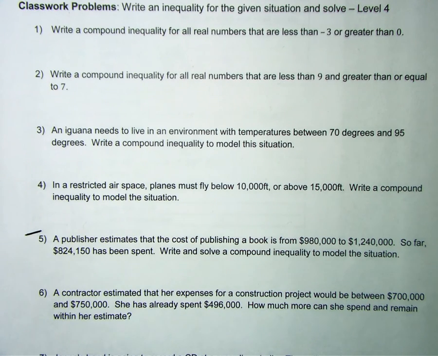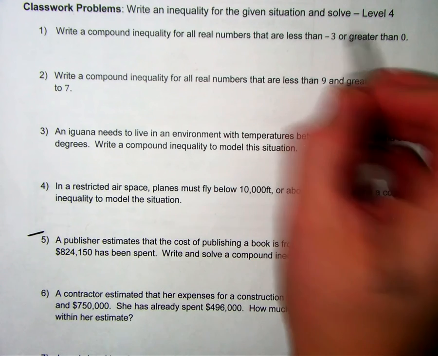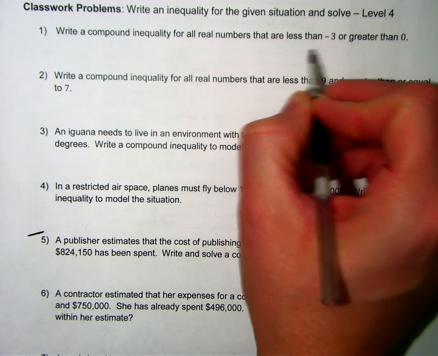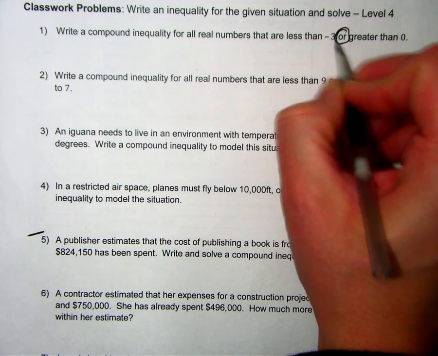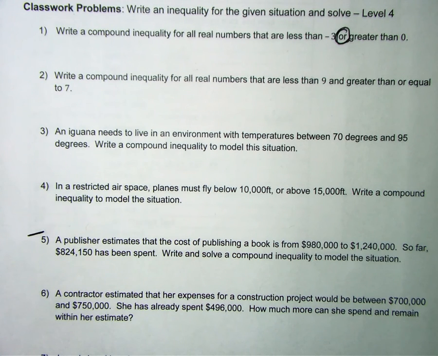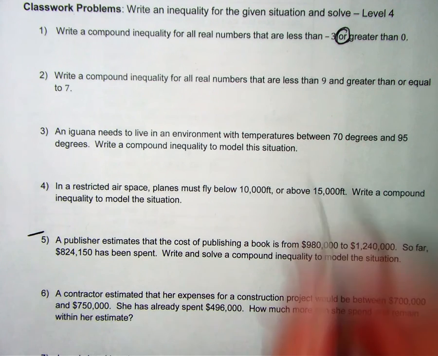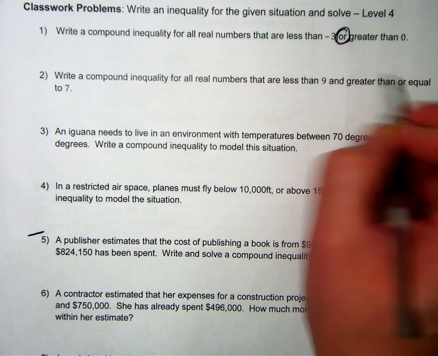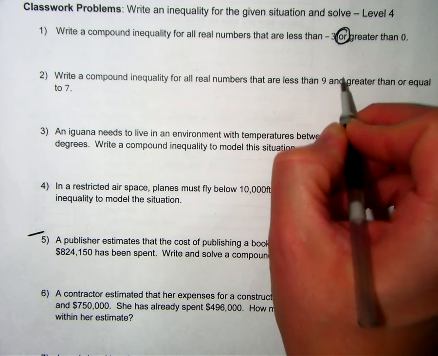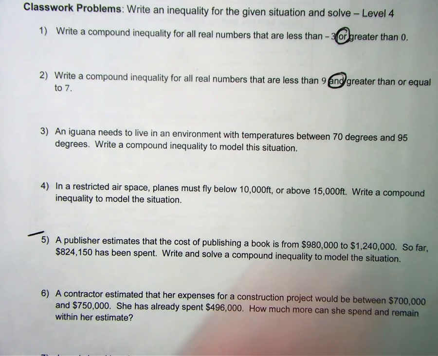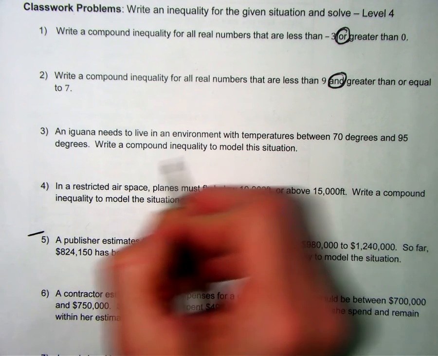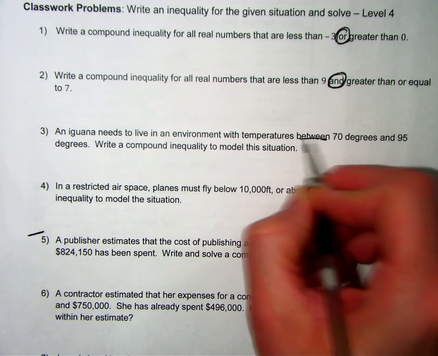Okay? So I want to just point out here that the first one is an OR problem. The second one is an AND problem. And then you'll start seeing between.